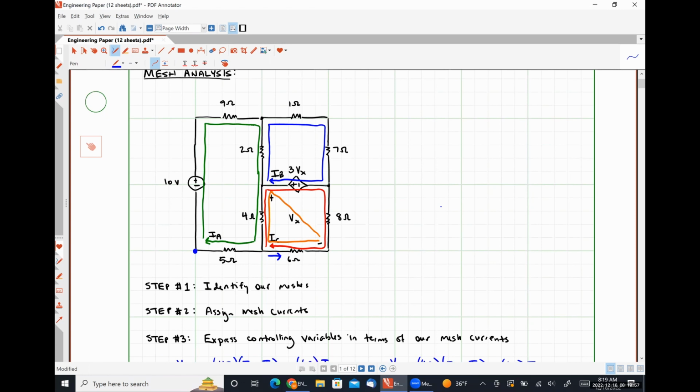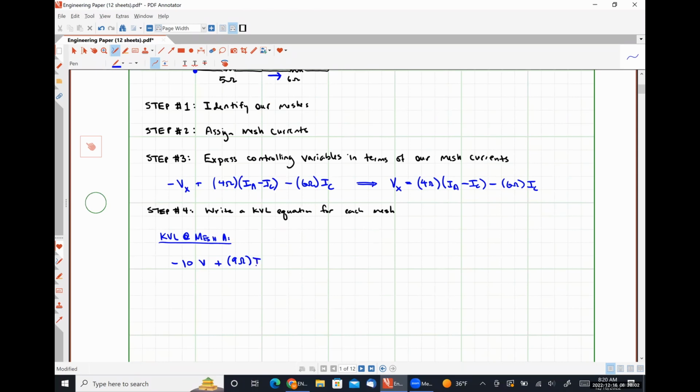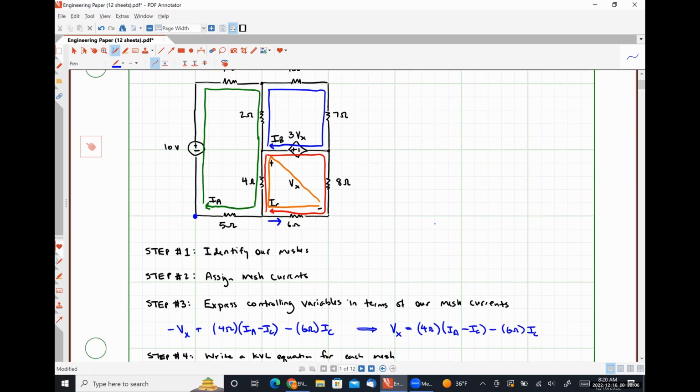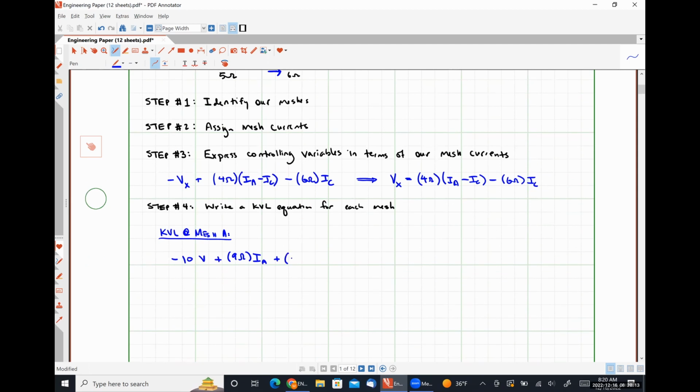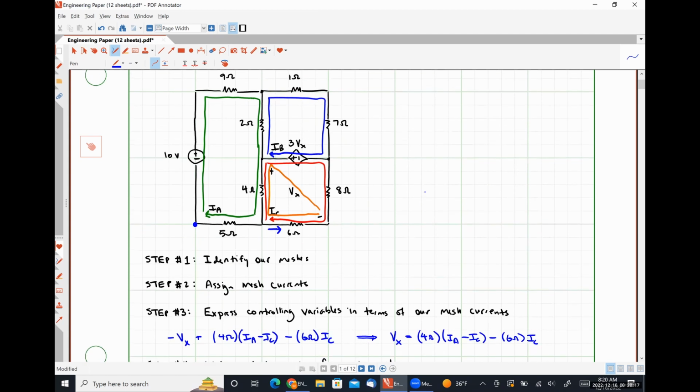There's no opposing current because it's on the perimeter of the circuit. As we continue to follow our mesh current IA, what's the next thing we see? The 2 ohm resistor. What will be the total current flowing through the 2 ohm resistor? IA minus IB.